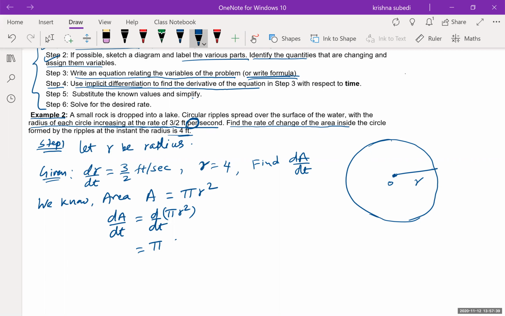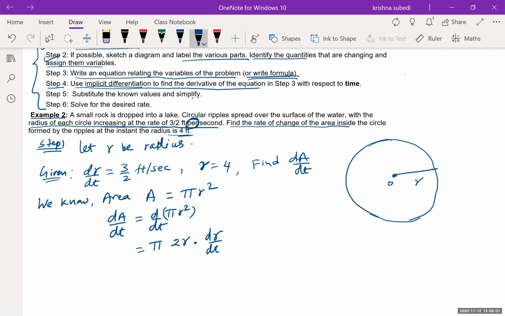So we use the power rule, 2r, and then dr over dt. Because r and t are different variables, we must write that one extra factor, as we know from our previous section on implicit differentiation. So that's what we got.